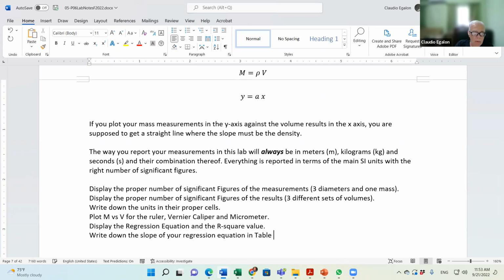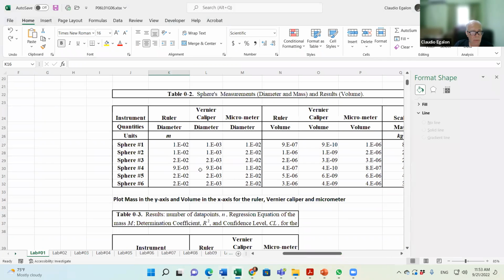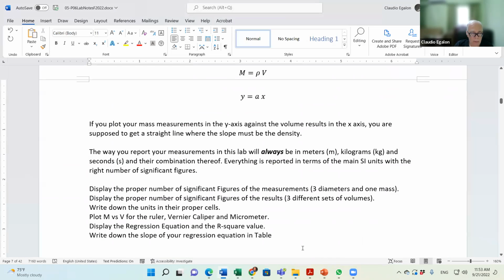What's the table number? In table, let's see, that's 02, 03, in table 04. In table 0-4. Okay. Check the percentage difference.